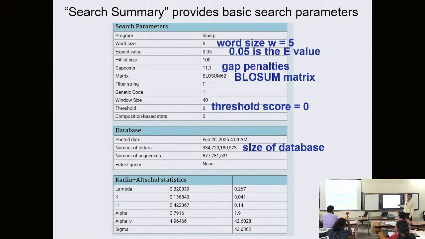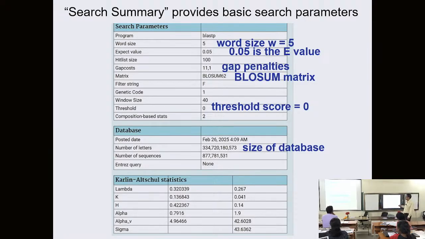Word size 5. Now you understand word size. Expect value you understand, default is 0.05. Hit list size is the display size, so only 100 hits will be shown in the graphical display.